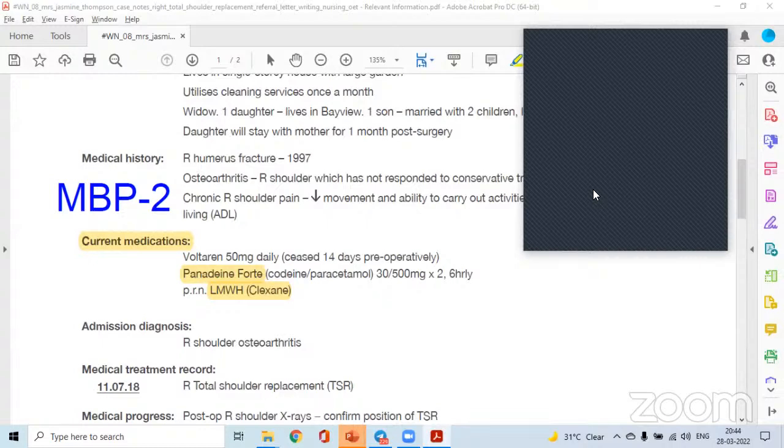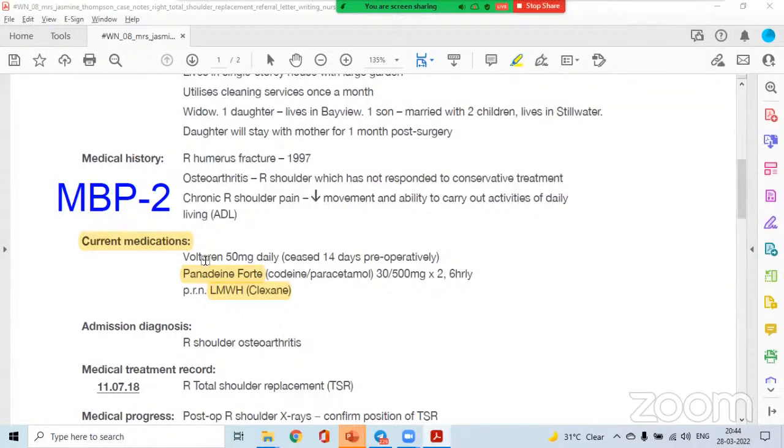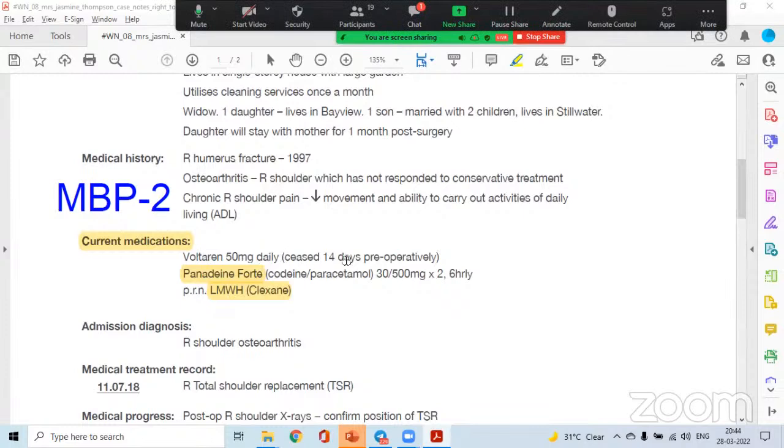Remember that. Yes, irrelevant, that's the majority vote. So Voltaren 50 mg, ceased, is not required. It is not at all necessary, so don't write that.